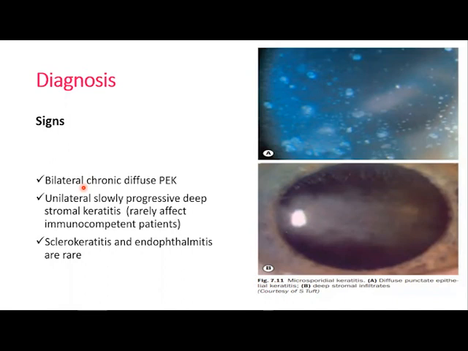What is the role of cycloplegia in fungal ulcer? To prevent synechia formation and for pain relief, ma'am. How pain relief? We are relaxing the ciliary muscles, paralyzing them, ma'am, so pain relief. Okay.